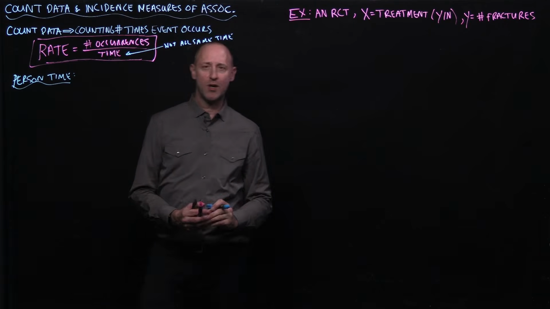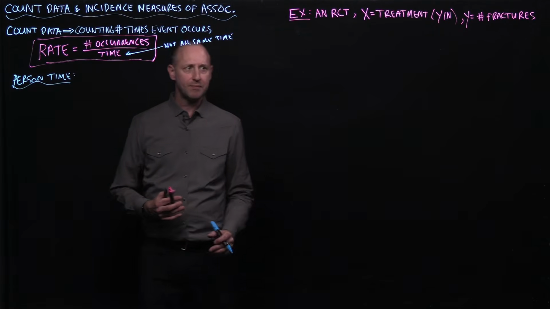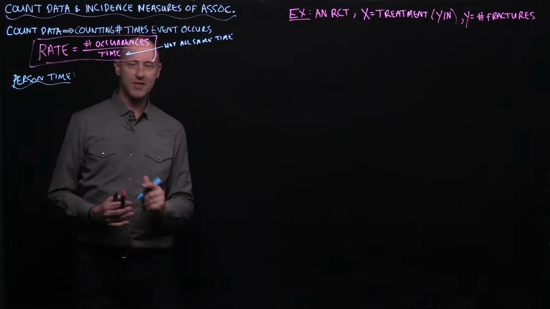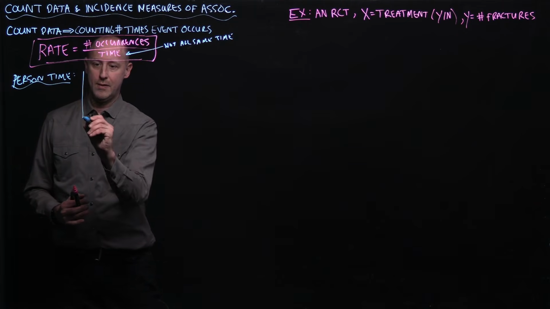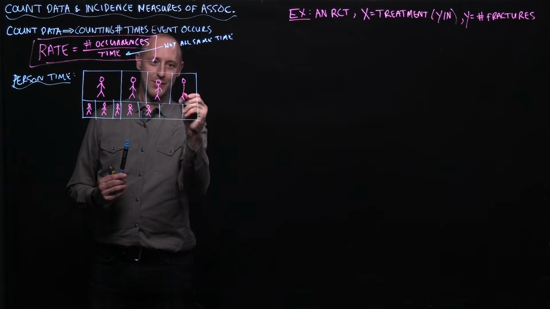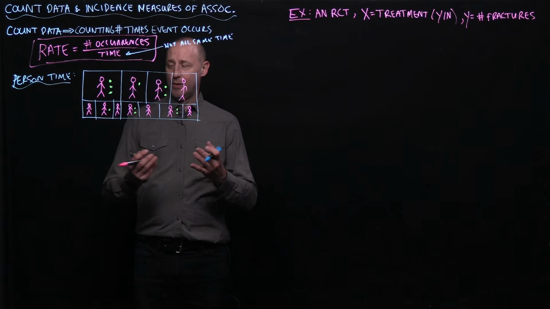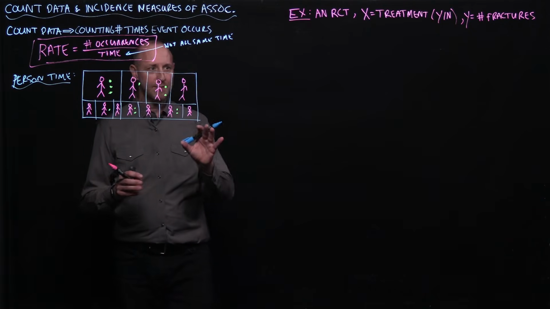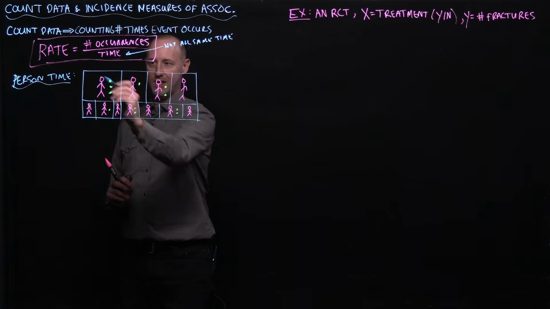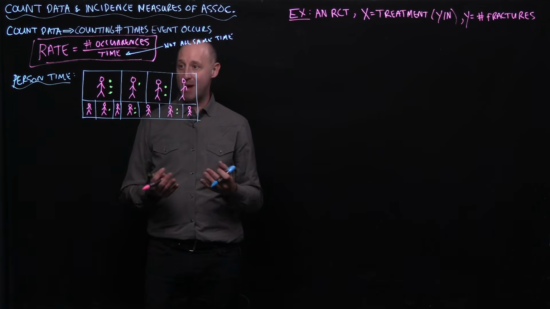And person time is a concept you often encounter in epidemiology. Okay, so I'm just going to draw a quick diagram that's going to help aid this discussion a little bit. Okay, so in this drawing here, the size of the individual rectangle that a person is in is meant to represent the amount of time they've been followed for.